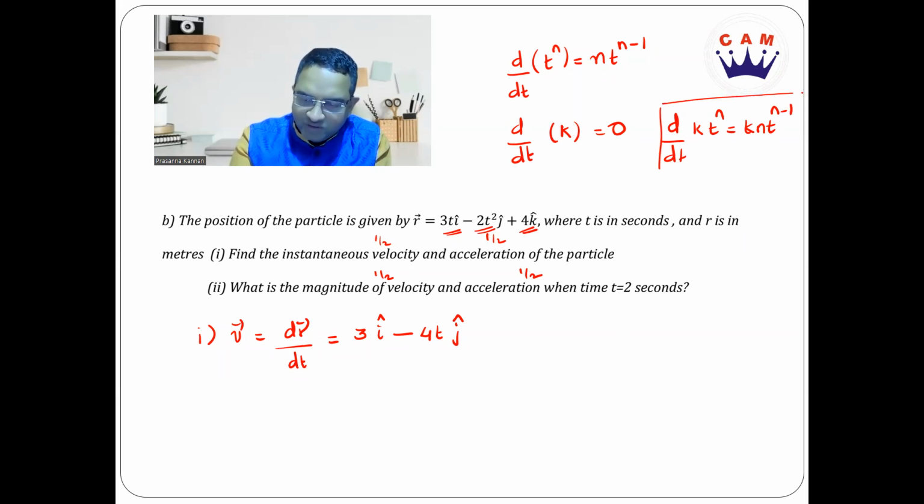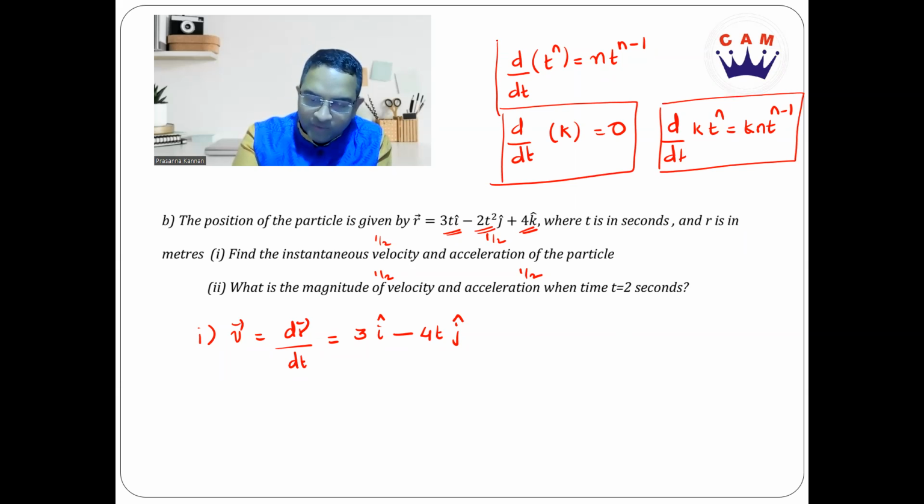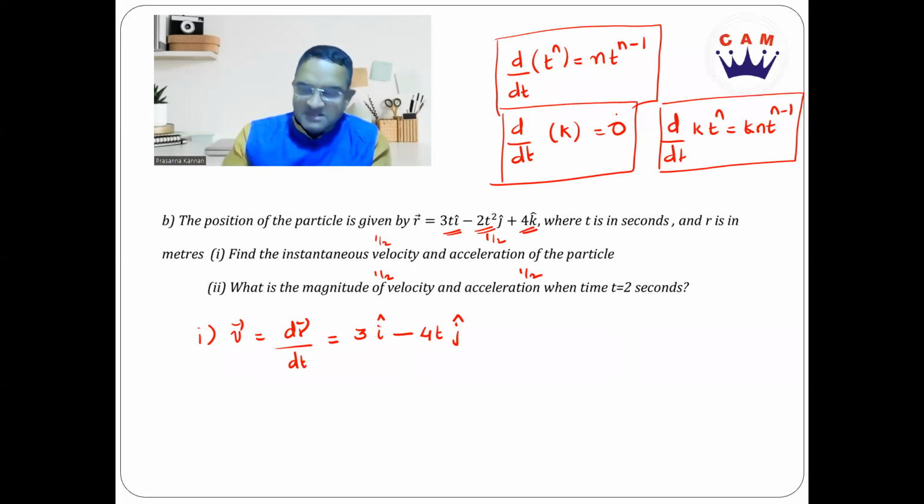So these 3 things you know, you'll be able to do simple sums in physics which involve differentiation. So using these, we have got the velocity expression, in meter per second.